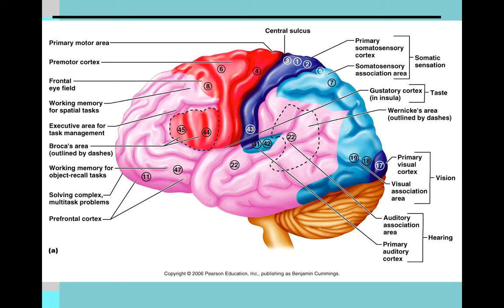So remember that, your cerebrum here is responsible for so much. It's really, really important to understand all of these different regions of the brain and how the brain works.